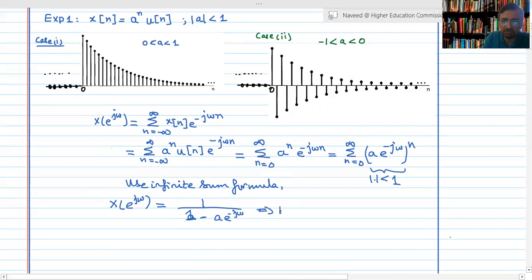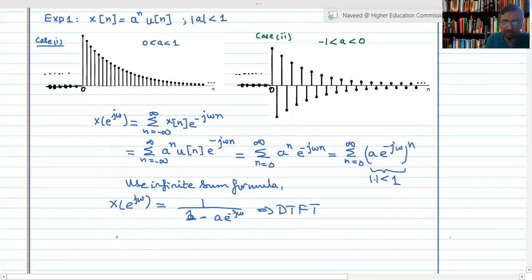So this is the discrete time Fourier transform of the given function x[n], and we can notice that this discrete time Fourier transform is a complex function in omega. So it has a real part, it has an imaginary part, and we can also express it in the magnitude and phase form.